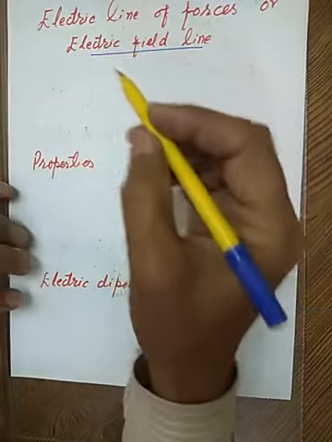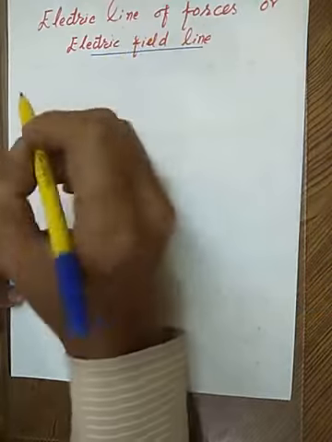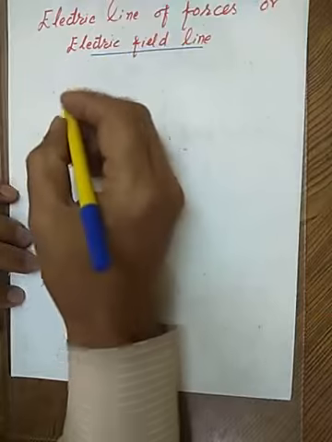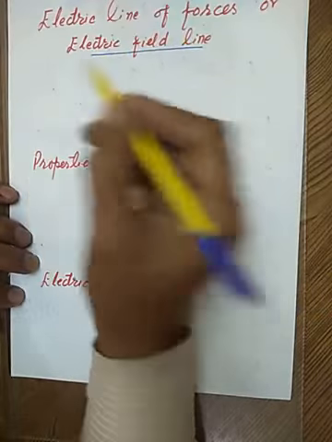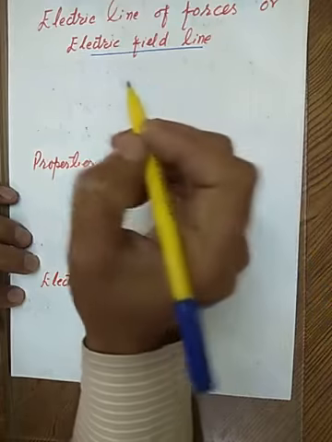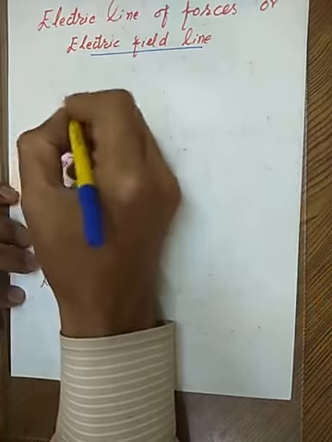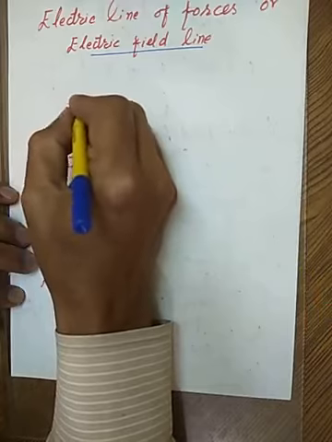So what kind of lines are these? These electric lines of forces are either generated by a positive or a negative charge or both. For a positive charge, they are like this.